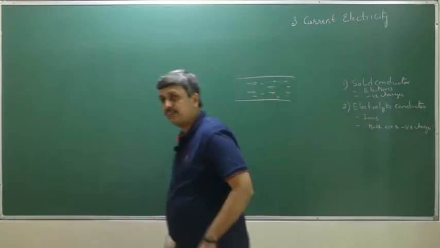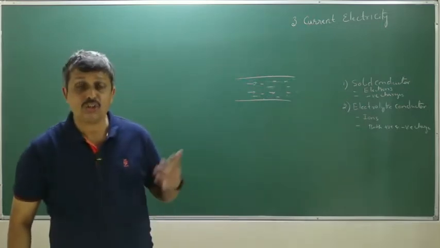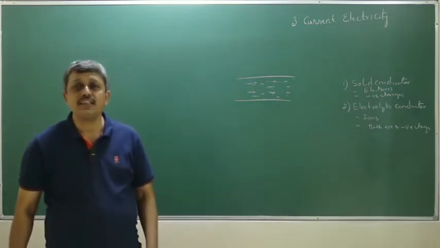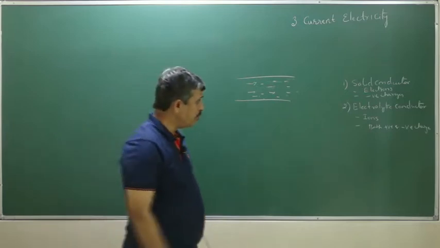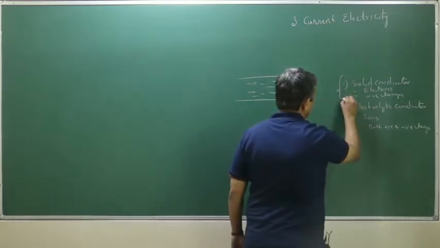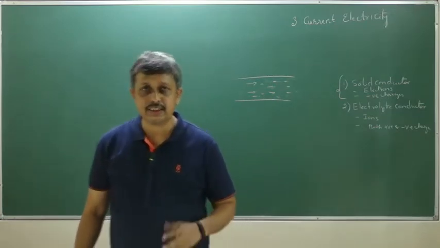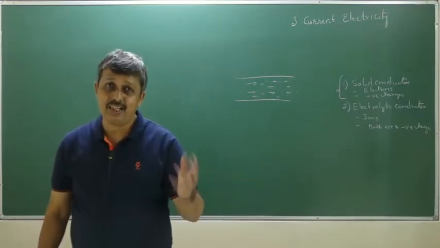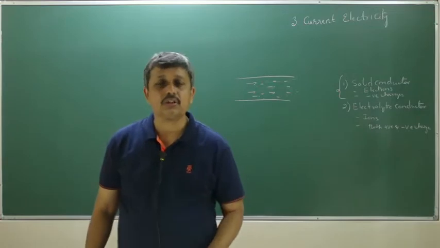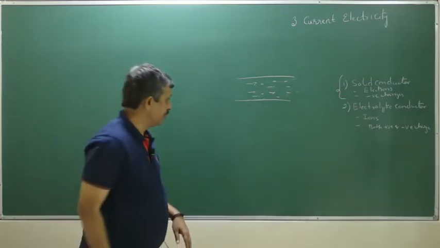Okay, that's the difference between solid conductor and electrolytic conductor. So in this chapter we are going to concentrate only on solid conductors. We will not get into the electrolytic conductors in this chapter, which is basically a kind of chemical effects we will talk about later, or in chemistry also we can study this.